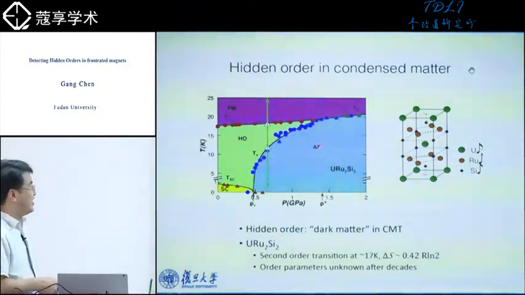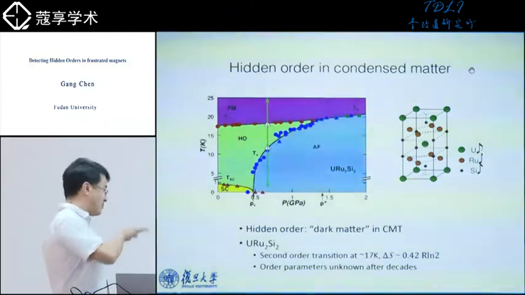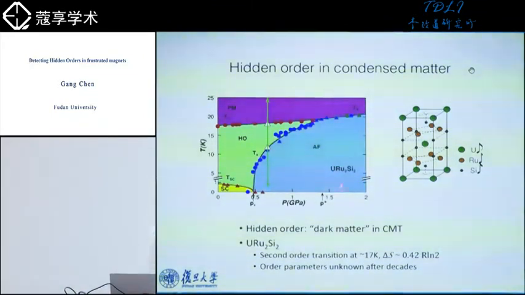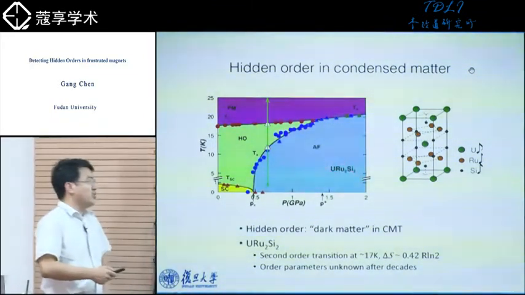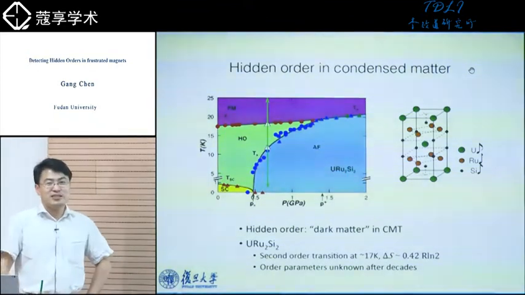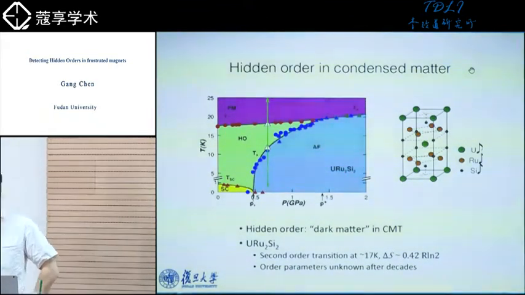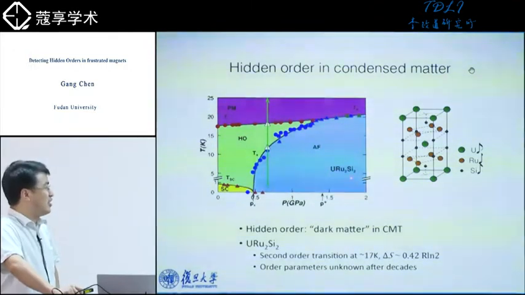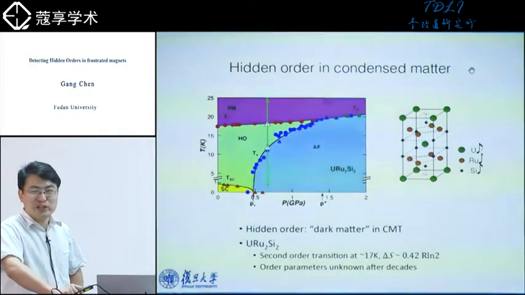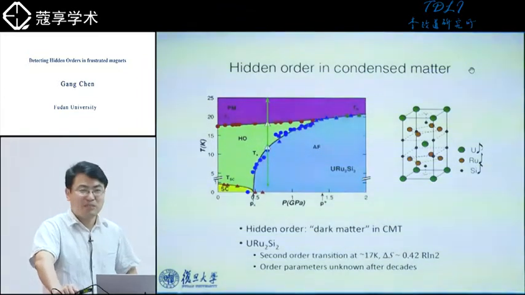So this was first proposed in this very famous compound, uranium ruthenium silicon. The uranium here is not radioactive, as not all uranium isotopes are radioactive. Apparently Los Alamos National Lab has a lot of uranium, so they can make this compound.